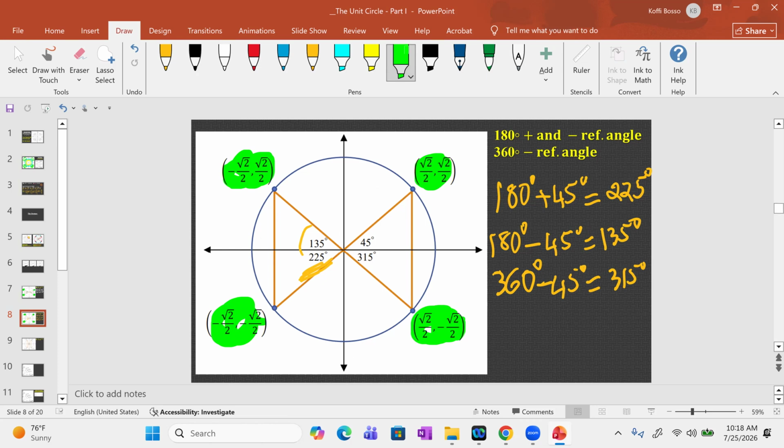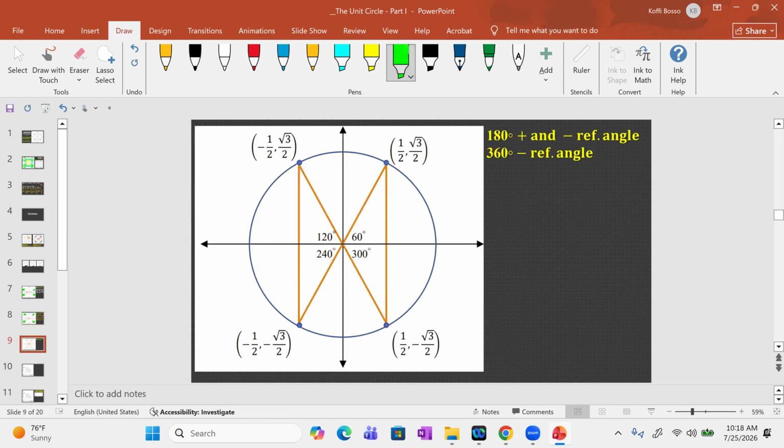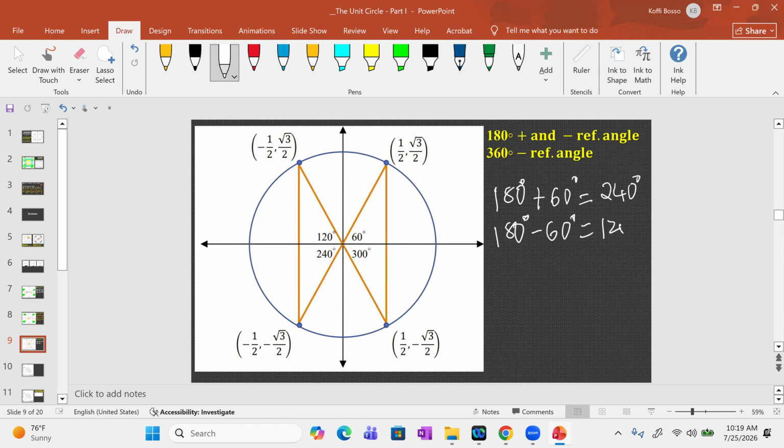Okay, we continue. You have this one, use the same thing. We have 180 plus 60 degrees, and that gives you 240. 180 minus the 60 degrees gives you the 120, and now full circle, 360 degrees minus 60 degrees, gives you the 300.